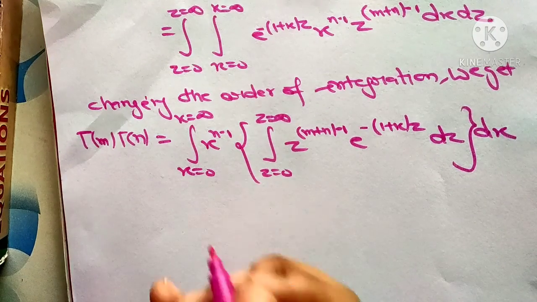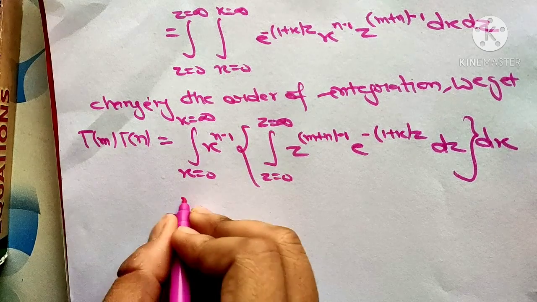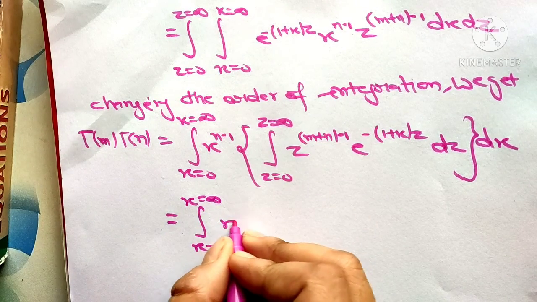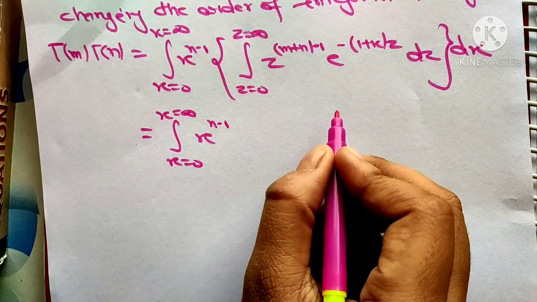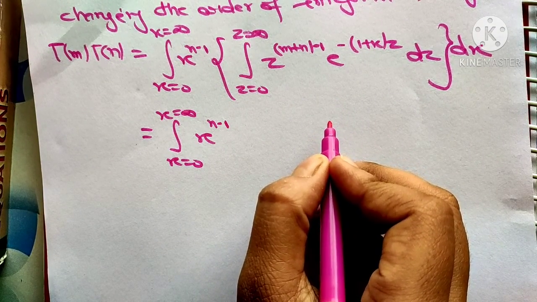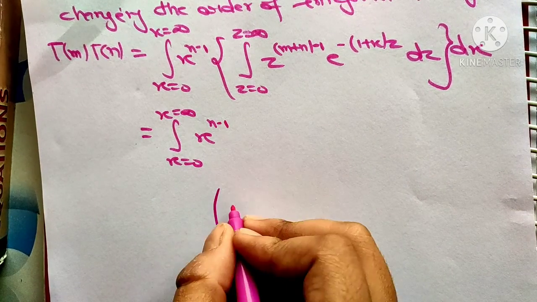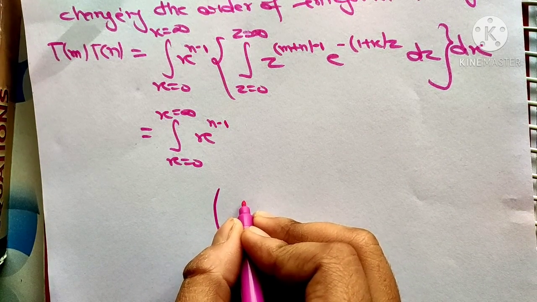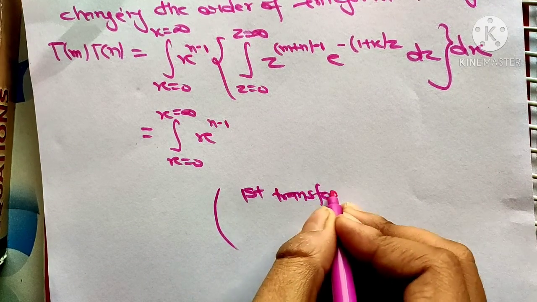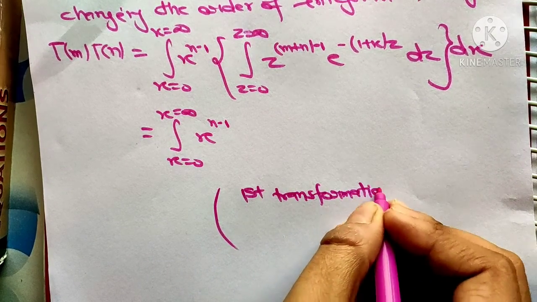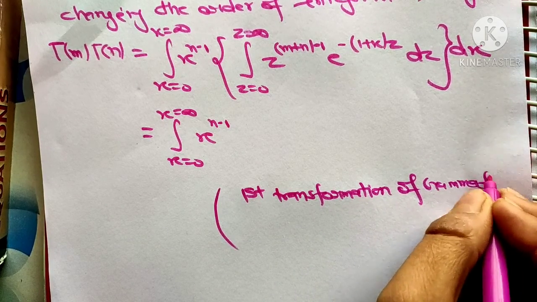Don't make mistakes. Integral x from 0 to infinity, x to the power n minus 1. In the place of the inner integral, we can write the first transformation of gamma function.